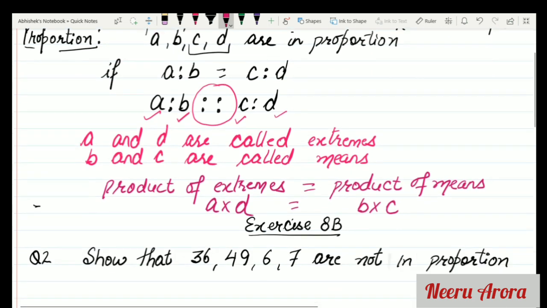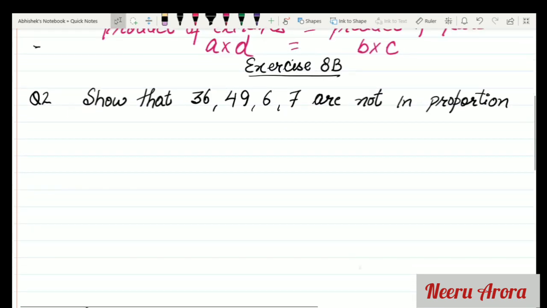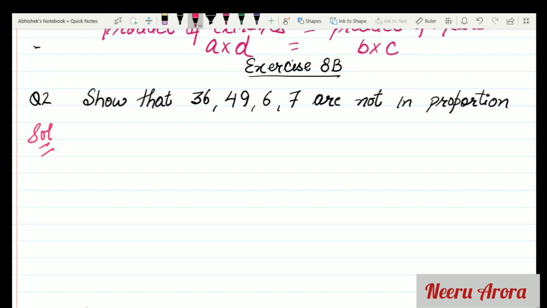Let's start exercise 8B. Look at question number 2. Show that 36, 49, 6 and 7 are not in proportion. So when we want to check whether this is in proportion or not, we will find out the product of extremes and the product of means. If the product of extremes is equal to the product of means, then these are in proportion.